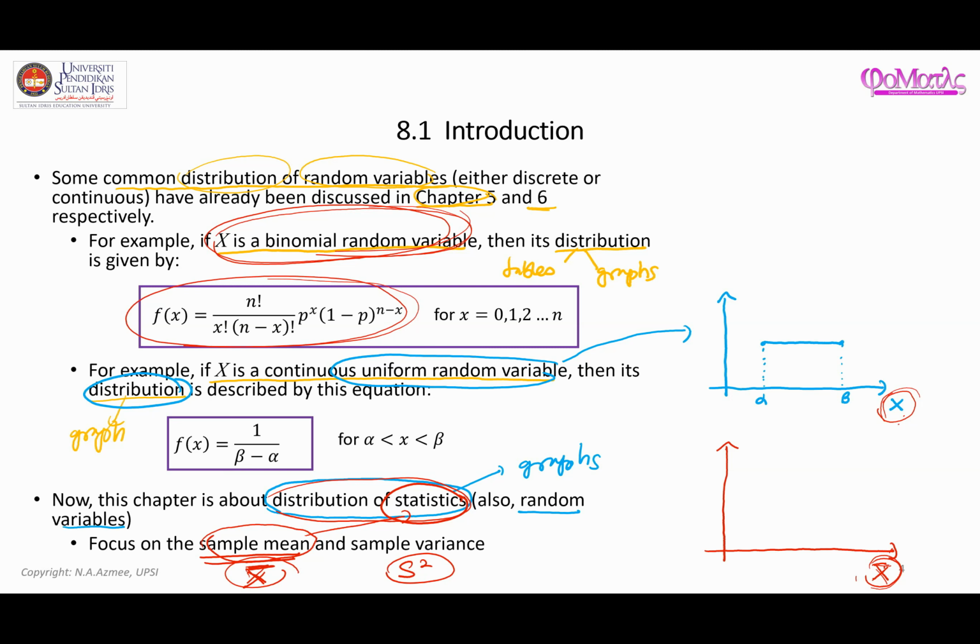And if you use graphs, you will get certain sorts of graphs associated with this random variable x. The same thing is what we are planning to do next. We are going to study x bar and s squared, and what kind of equation or graph we can assign to these two statistics.